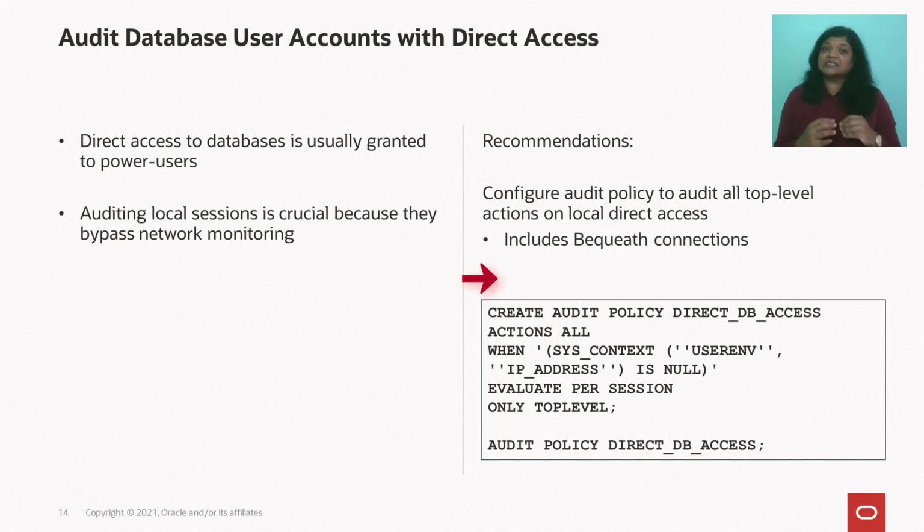Consider creating custom target policies on the target and enabling for all the users. Now, if there are application service accounts that are logging into your database directly without connecting through the mid-tier applications, that's outside the typical trusted application path, the audit policy when enforced on all users helps track such access.